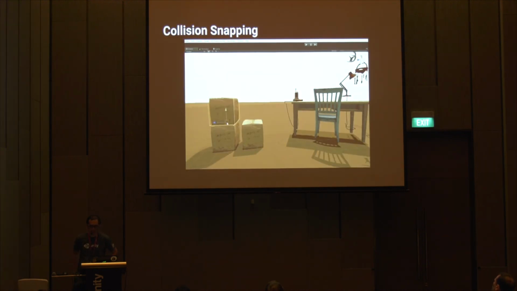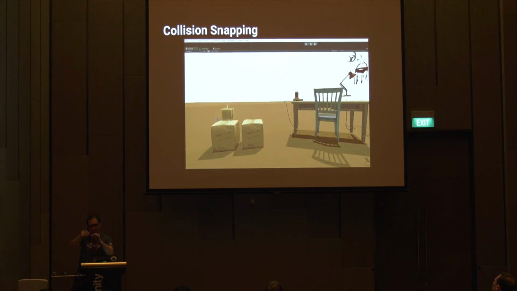Collision snapping. I don't know if you've done this before. You want to place something on a surface, like for example, this guy on this table here, right? And you usually do this dance, you move it down, down, down. Oh, penetrate, you move it up, and oh, it's too much, and then you move it down again.